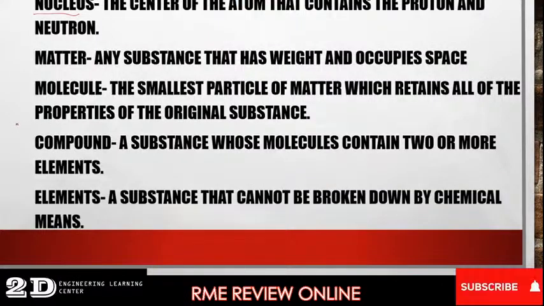Then you have matter. So matter is any substance that has weight and occupies space. So lahat ng bagay na makikita natin sa mundo or sa sanlibutan or sa universe is matter. Then molecule, the smallest particle of matter which retains all of the properties of the original substance.